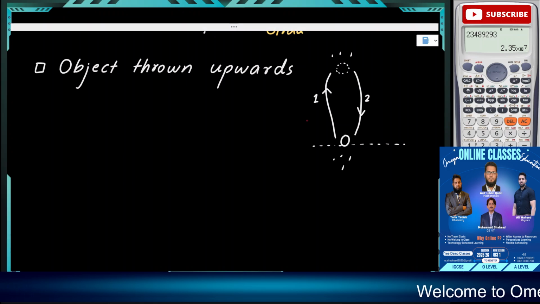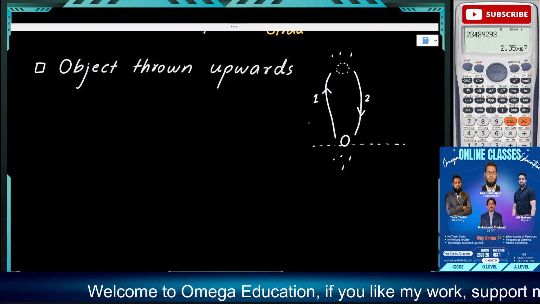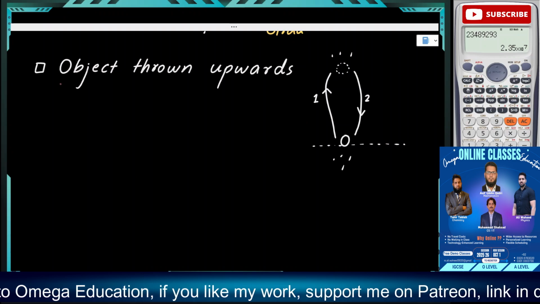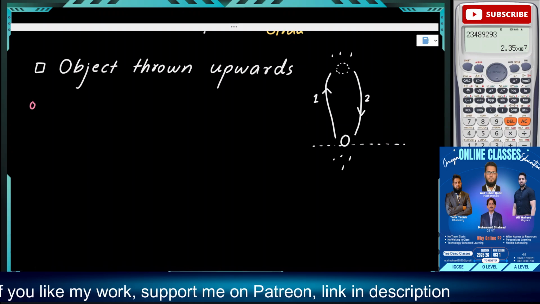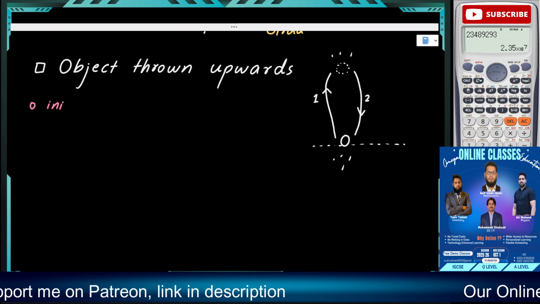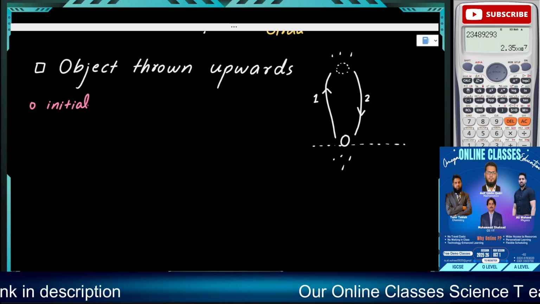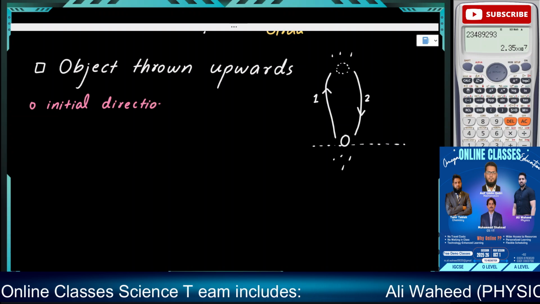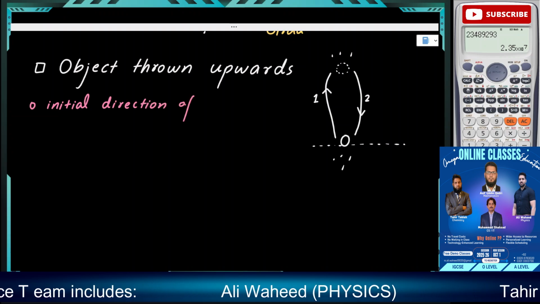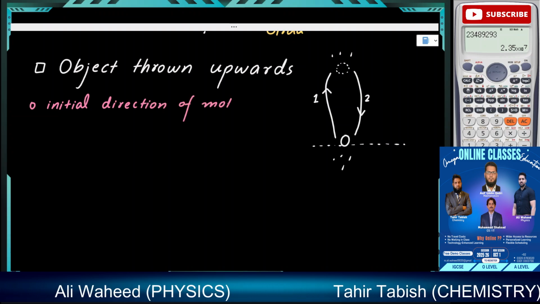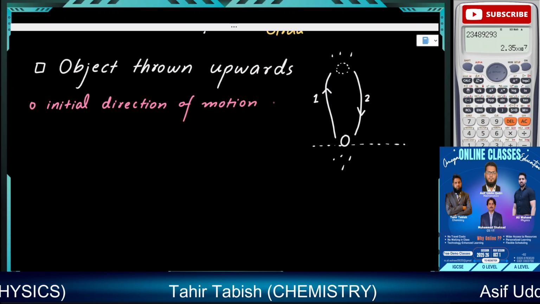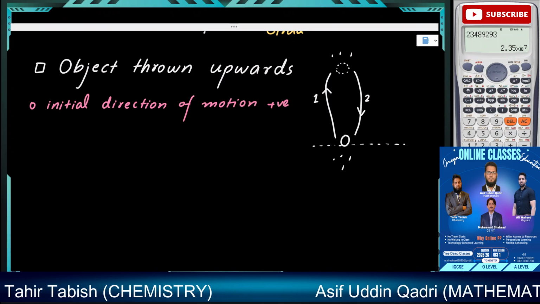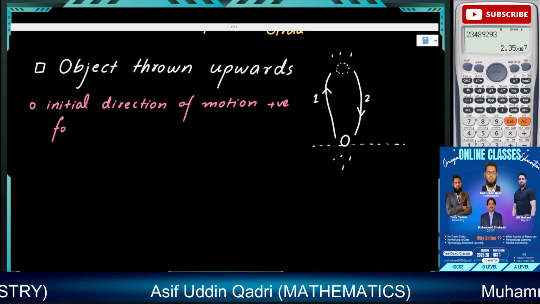The easier thing would be, whatever the direction of initial motion was, consider it positive. So the initial direction of motion is considered positive for velocity.